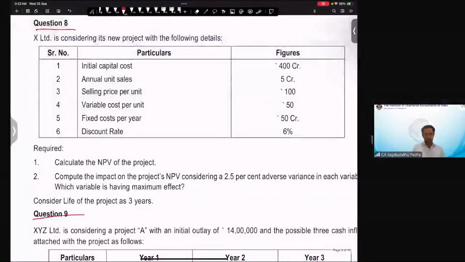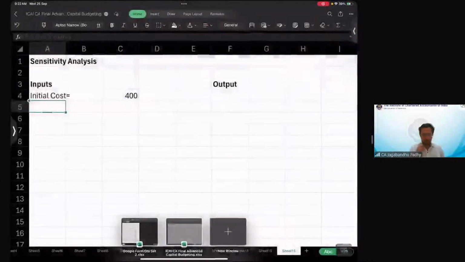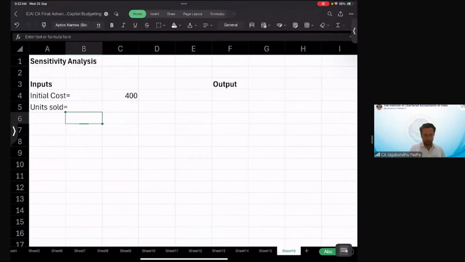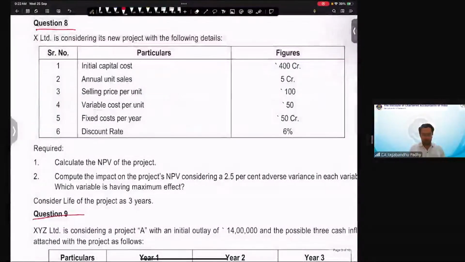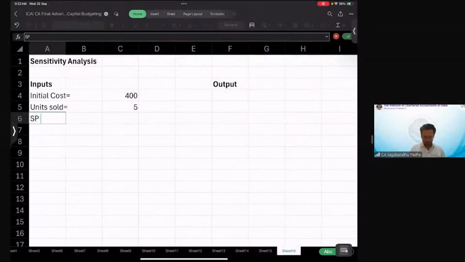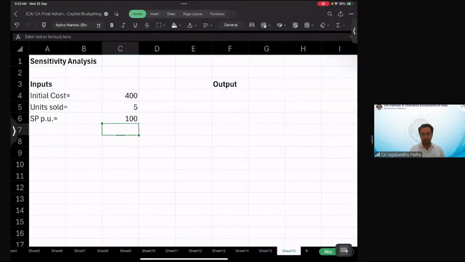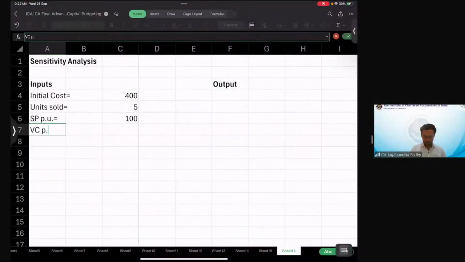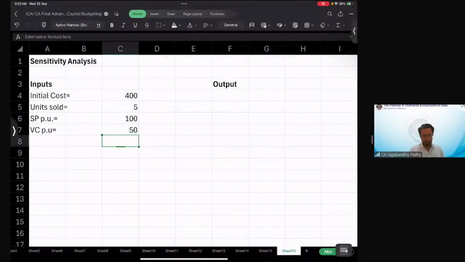Then annual units sold is 5 crores. Then sale price per unit, we can say it is 100 rupees. And then variable cost per unit is 50.